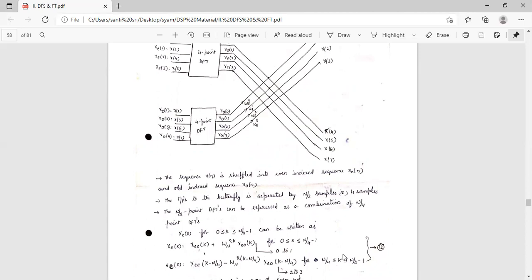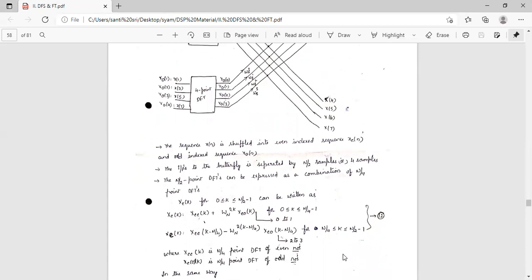The n by 2 point DFTs can be expressed as a combination of n by 4 point DFTs, right? So xe of k for 0 less than or equal to k less than or equal to n by 2 minus 1 can be written as xe of k is equal to xee of k plus Wn power 2k into xeo of k for k equal to 0 to n by 4 minus 1, right? So n by 4 minus 1 is 2 minus 1, that is 0 to 1. Okay.